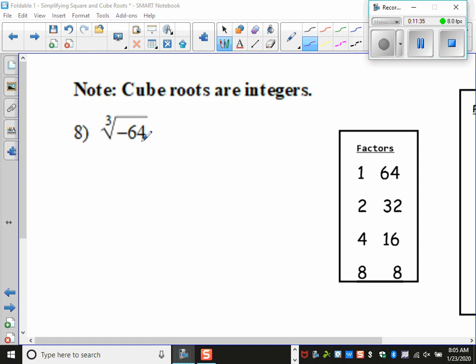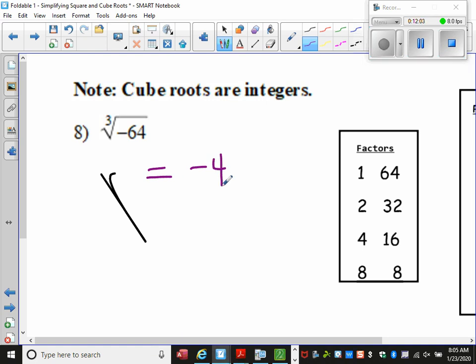What same 3 numbers can you multiply together to get -64? Is it 4 or -4? -4. So -4 times -4 will give you +16, but when you multiply that by another -4, it gives you -64. So the answer is -4.